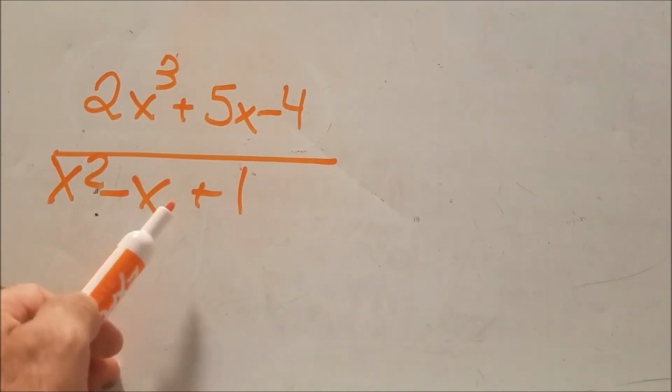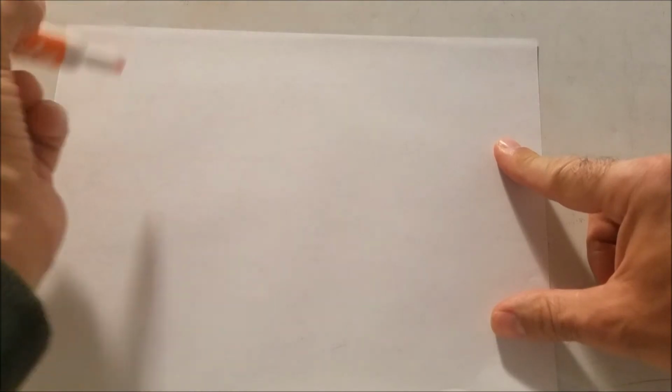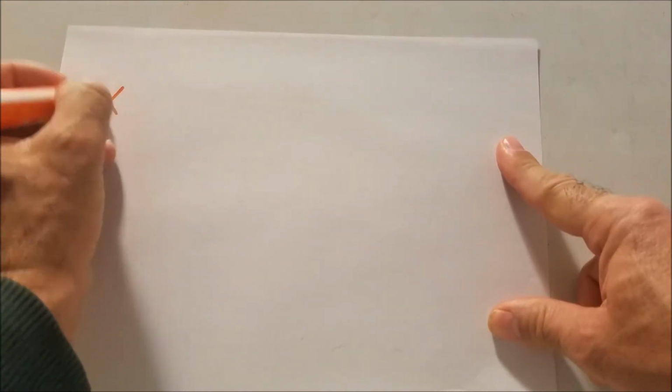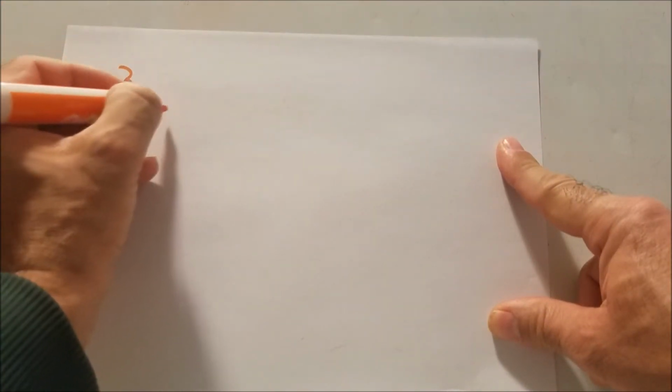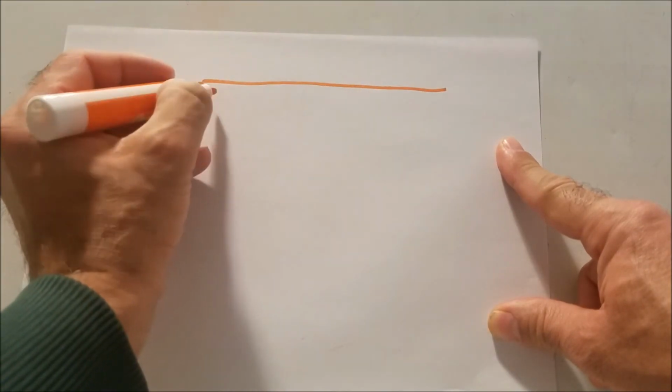This is the divisor. This is the dividend. So we can rearrange this, right? Let's rearrange it over here. We'll say the divisor is going to be x squared minus x minus 1, all over 2x cubed.